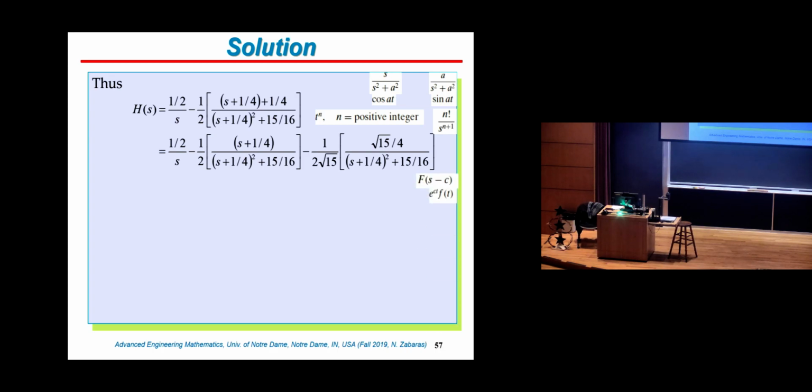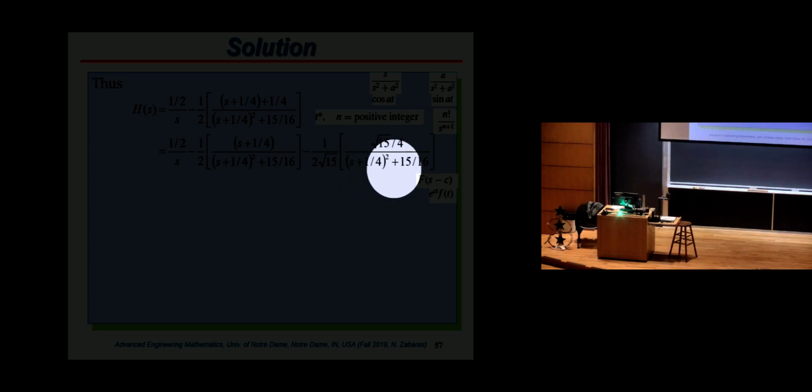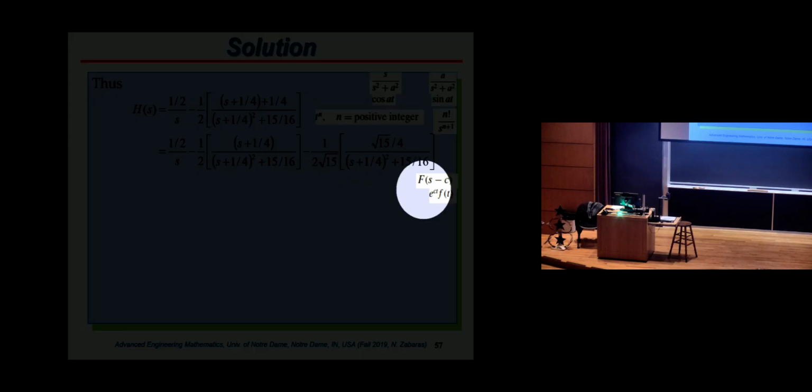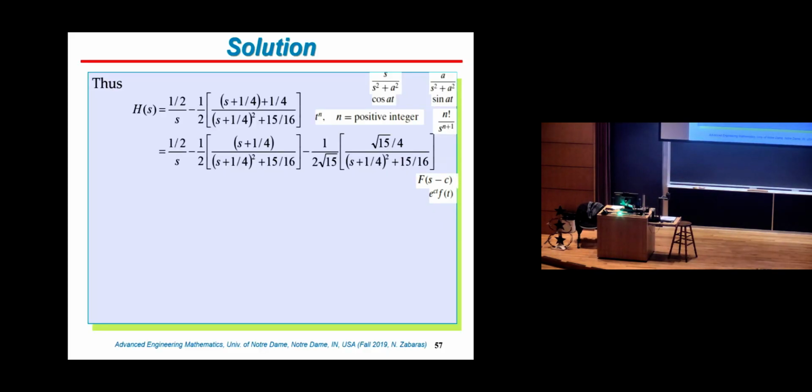How about that little thing there? If you have the Laplace transform with an argument s minus c, so if you shift s by c, what does that do to the time domain? You multiply by the exponential e to the ct, right?